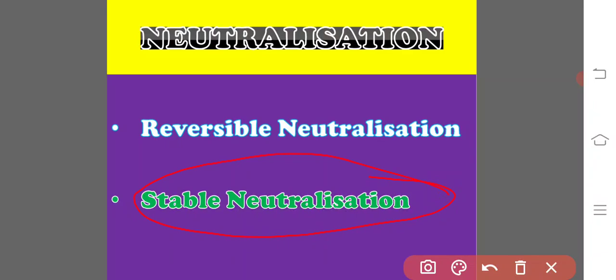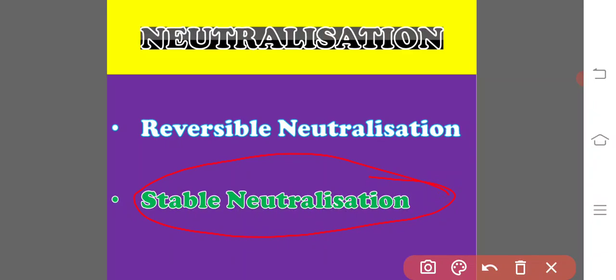The number of antibody molecules required for stable neutralization is considerably smaller than that of reversible neutralization. Kinetic evidence shows that even a single antibody molecule can neutralize a virion.